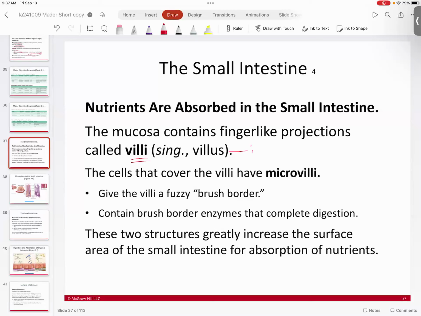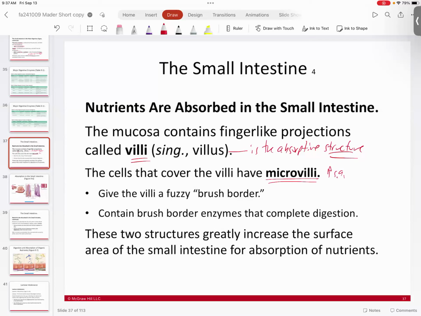The villi are the absorptive structure of your intestines. And each villus is covered with small little extensions called microvilli to increase your surface area and your ability to absorb nutrients.